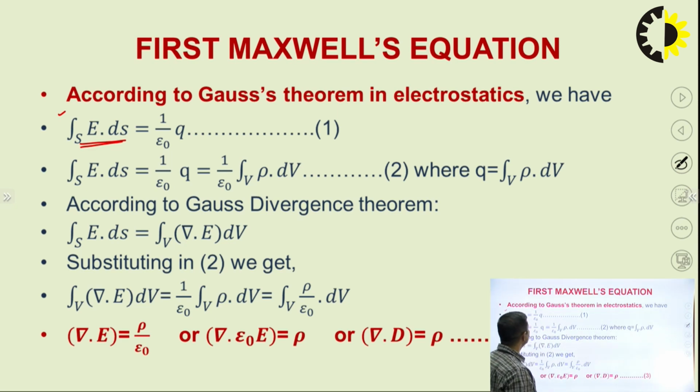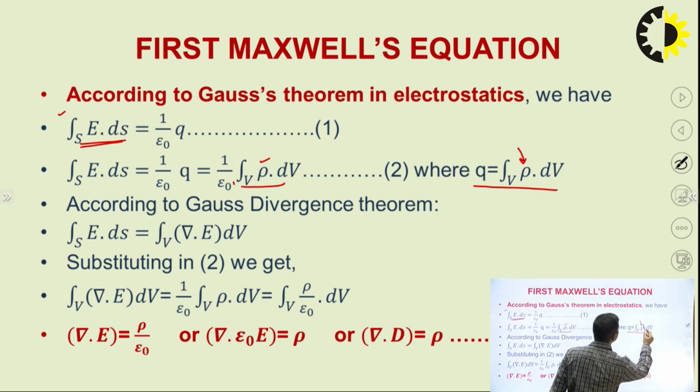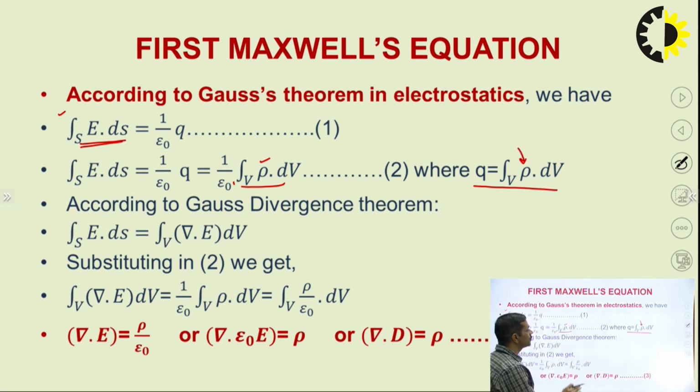Now to write the integral form of this law in a proper form, according to the definition of the charge density, we can write this Q in terms of the charge density rho. Here this rho quantity represents charge density. So equation 1 will be, left hand side remains the same, that means E dot dS over a surface S, this will be equal to, here Q we can replace according to the definition of the charge density, which means charge per unit volume.